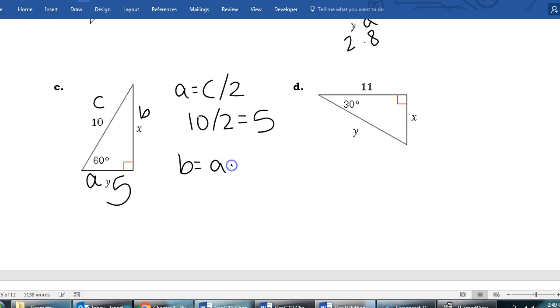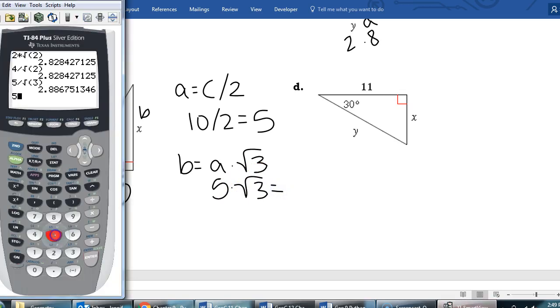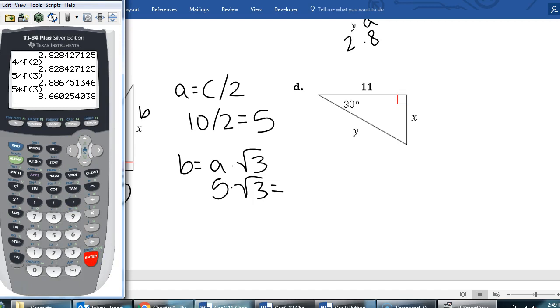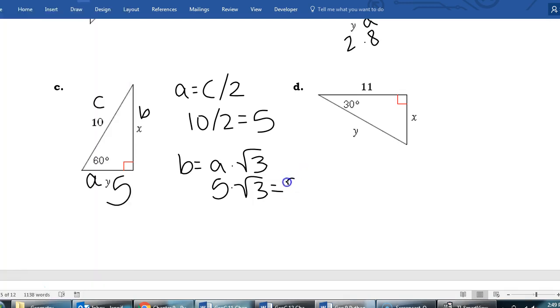Try again. Times the square root of 3. So that would be 5 times the square root of 3, which is 8 something, but let's use this. 5 times the square root of 3 is 8.7 if we round that. Okay, that sounds better.